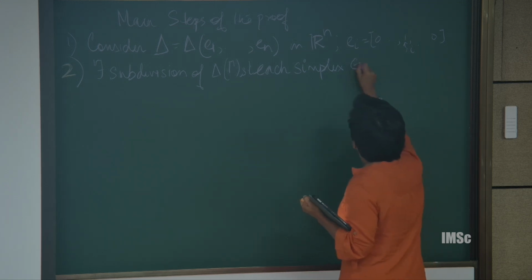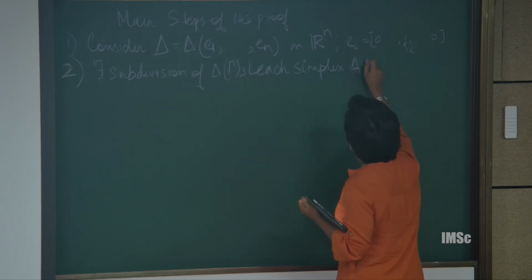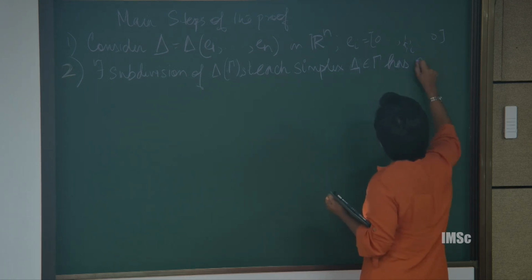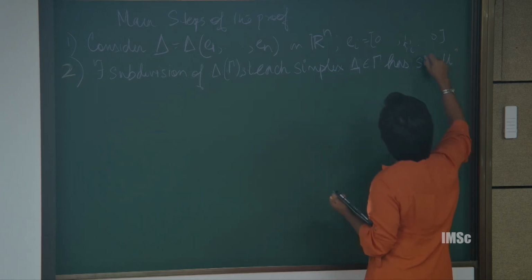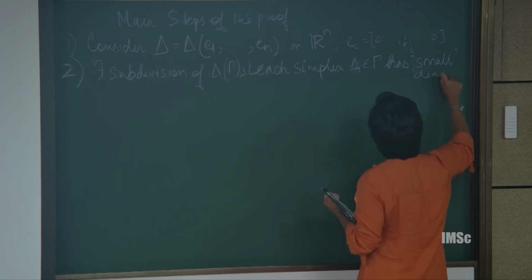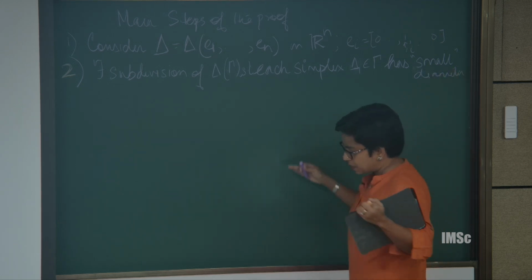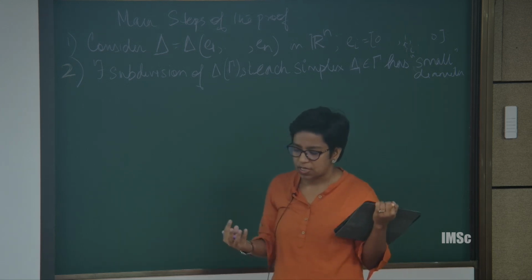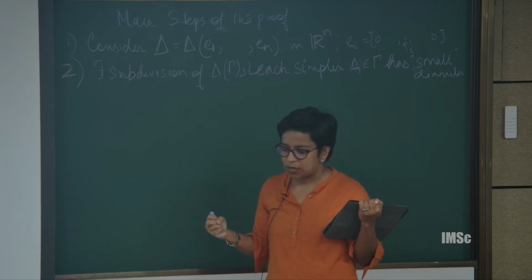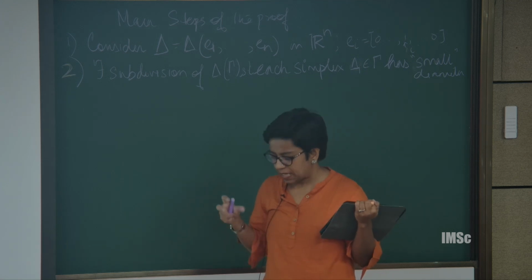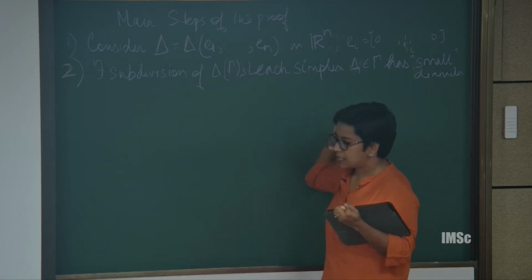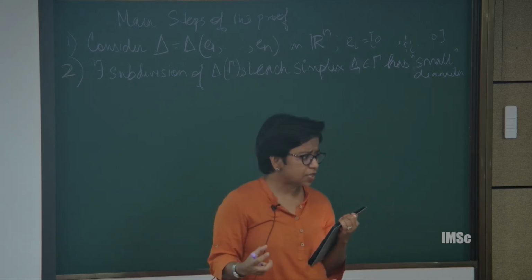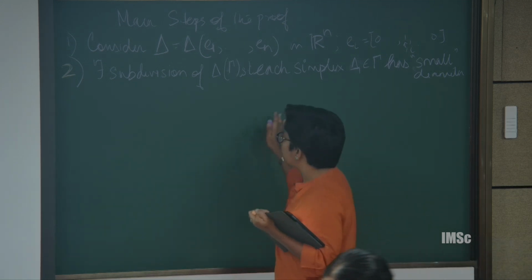Each simplex in gamma has small diameter. Meaning I can subdivide this bigger simplex into smaller and smaller simplices, as small as I want. Why am I doing this? I need this condition that there is a way to do it that creates these smaller simplices, with bounded diameter.